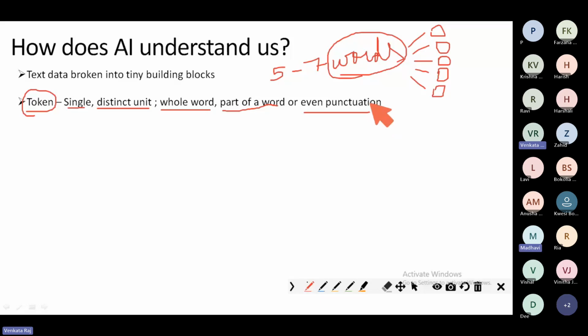Those punctuation marks can also be tokens. Are you getting me, guys? Whenever we are giving any input, that will be broken down into tiny building blocks, and those building blocks are known as tokens. The token can be a single distinct unit. It can be a whole word, it can be part of a word, or even a punctuation mark.